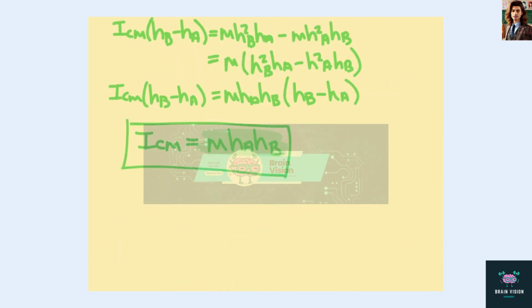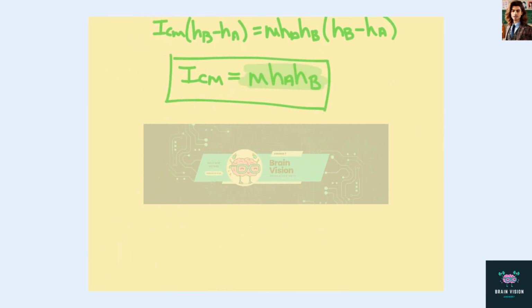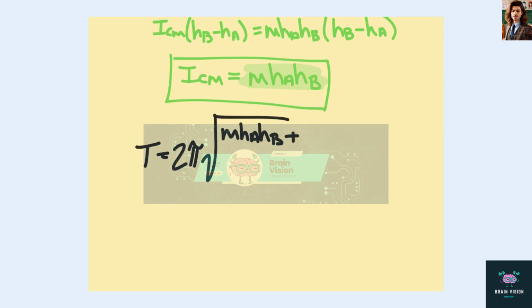Doing that, I'm going to end up with period equals 2 pi times the square root of (M HA HB plus M H squared A) divided by M G HA.